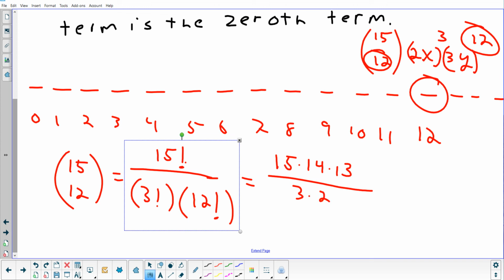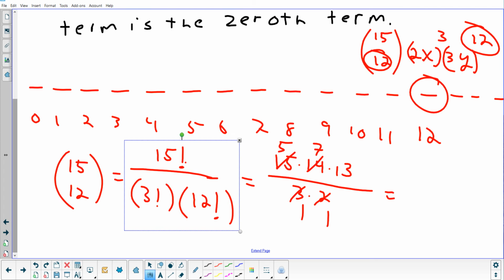Okay, let's start reducing. What can I reduce? 3 into 15. Okay, 2 into 14. So I have 35 times 13.